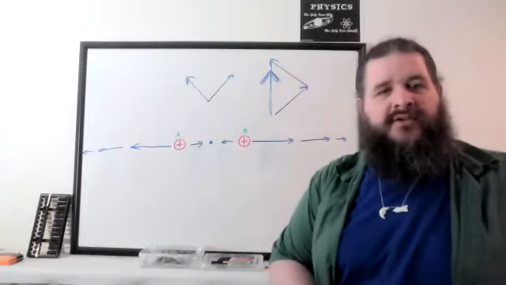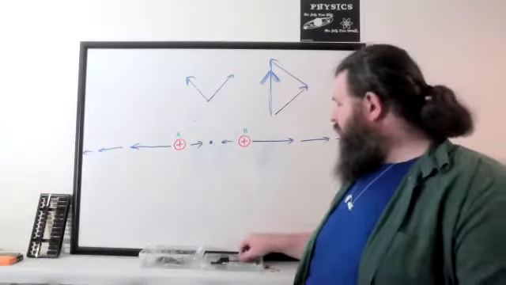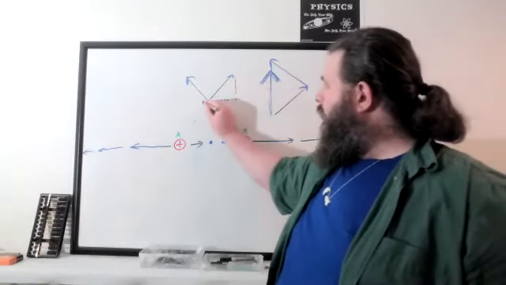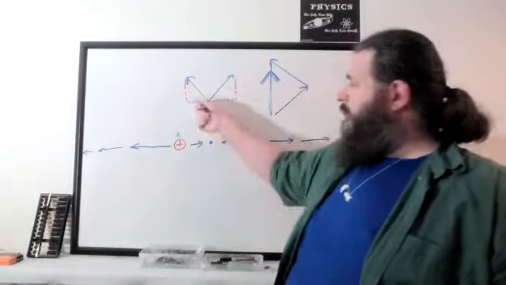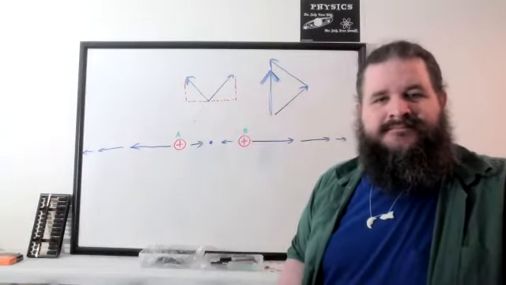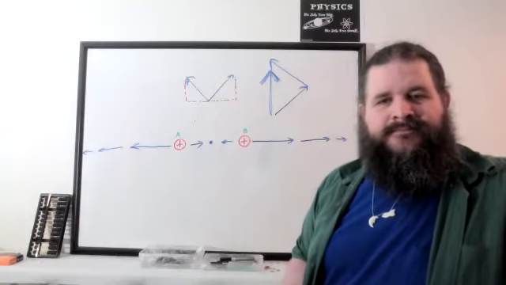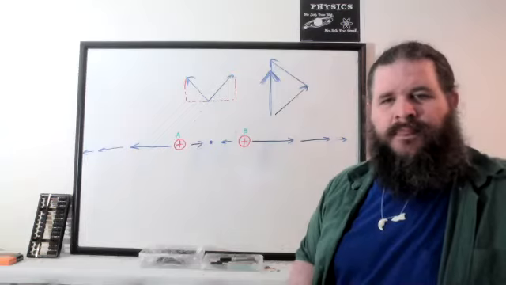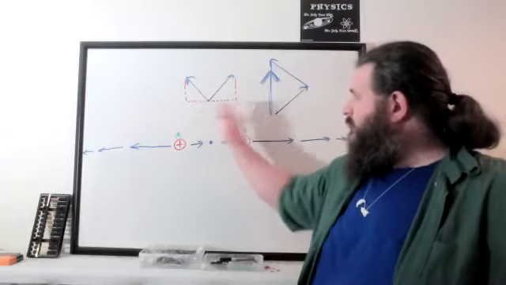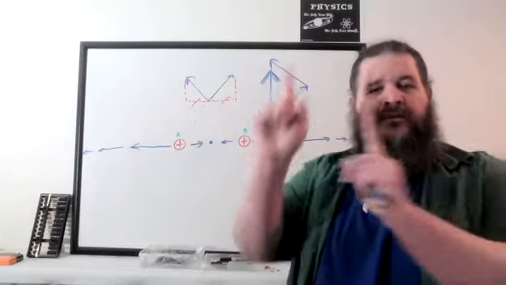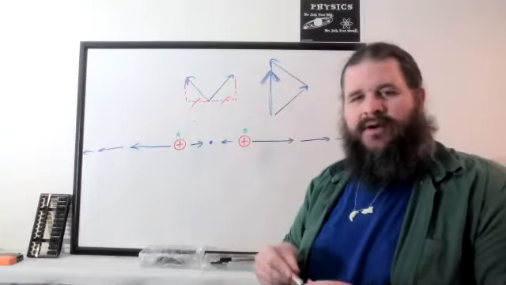You could also look at this in terms of components. If you split each of these up into x component and y component, when we add the components, what's going to happen? Yeah, x component to the left, x component to the right, those are going to cancel out. But the y components are both upwards, so those combine to an even larger y component.